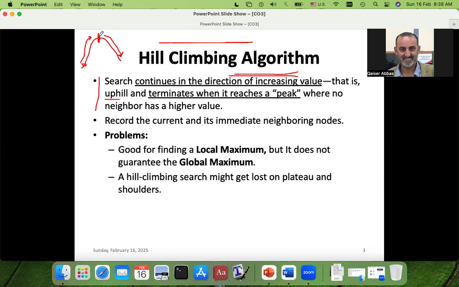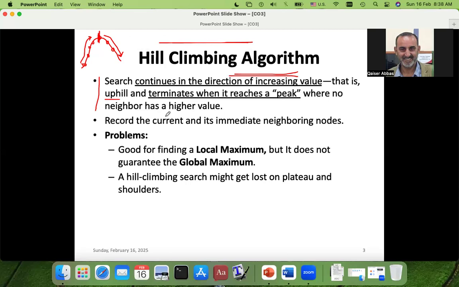You will have the neighbors here, like points here. And after this peak there is no further neighbor with a higher value. All the neighbors will have lower values than this.